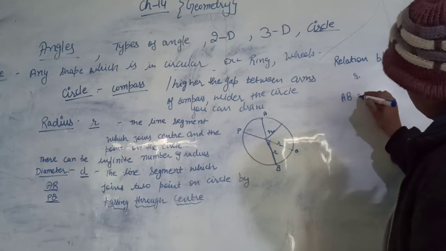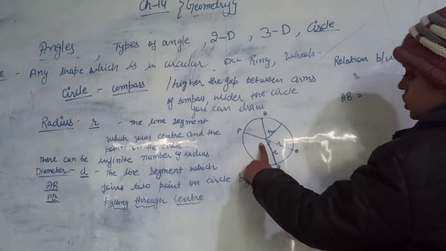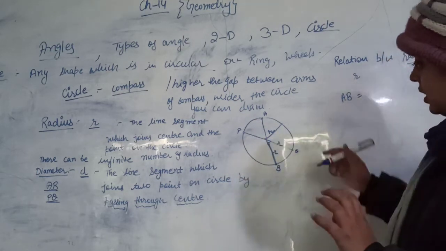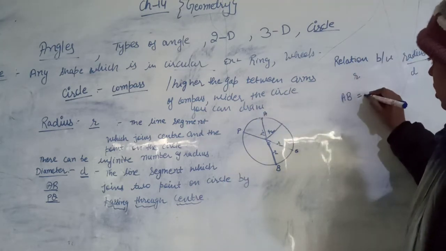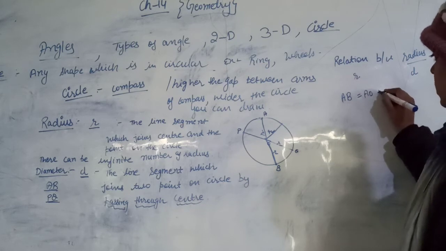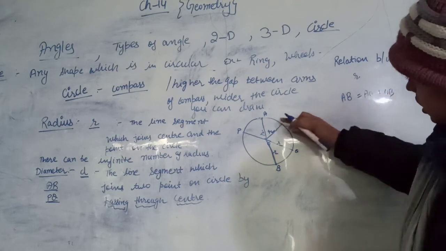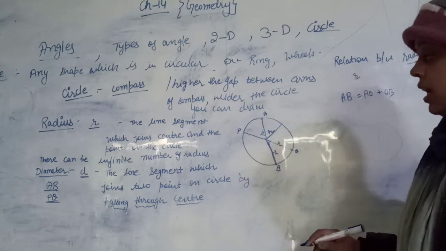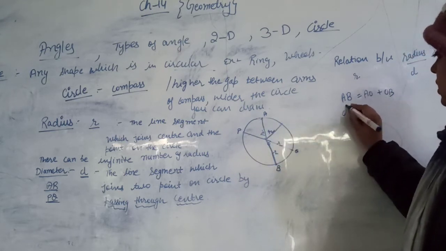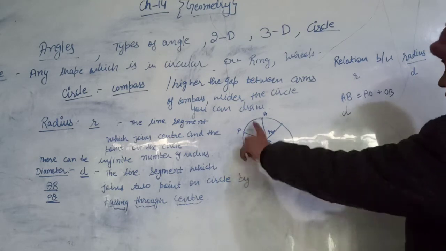As I told you, point to circle, that is radius. So here again I can write R. So AO plus OB. What do AO and OB make? Complete AB, and AB is the diameter.